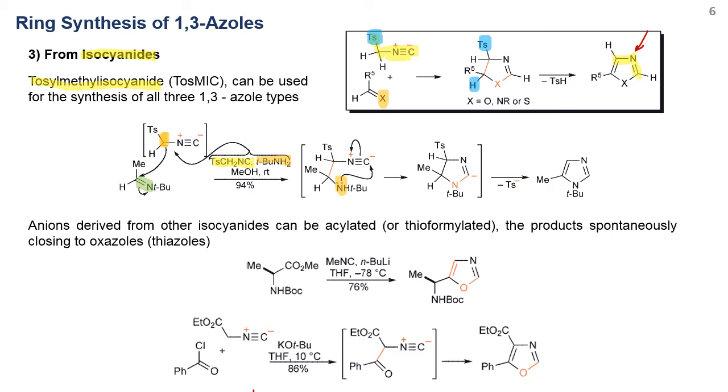Upon attacking, you are going to form the anion here at the sp2 carbon. This anion can remove the proton of this position of another molecule and eliminate the tosyl group out to form the imidazole ring.